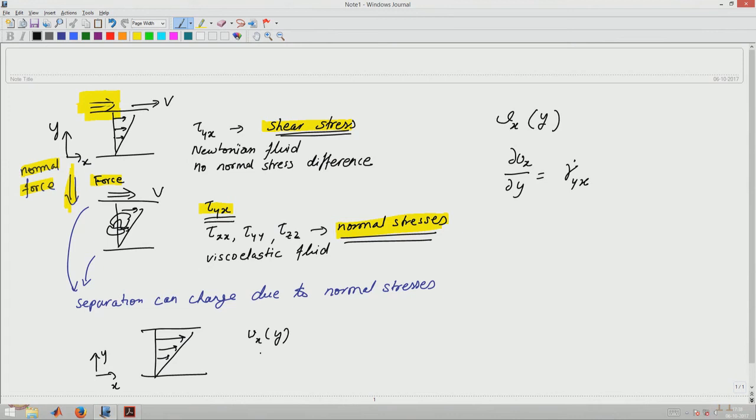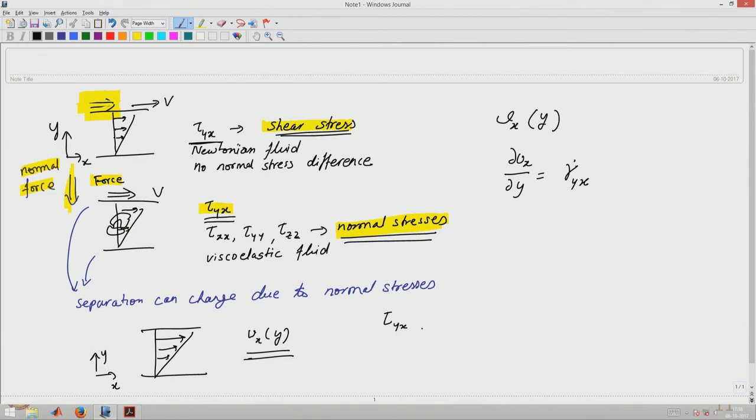With this velocity gradient, we can ask what will be the most general state that is possible. We know for sure that tau yx must be there, because even for a Newtonian fluid tau yx was there, and we expect that to be there also.